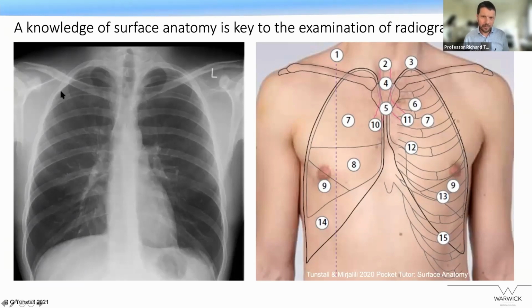But now if we compare the surface anatomy picture to the radiograph, I'm just outlining a region on the radiograph here. I know this part of the lung is actually the top part of the lung, this area here, number 7, and that's known as the superior lobe of the lung. So if you can visualize surface anatomy, you can begin to better understand what you see on medical images.